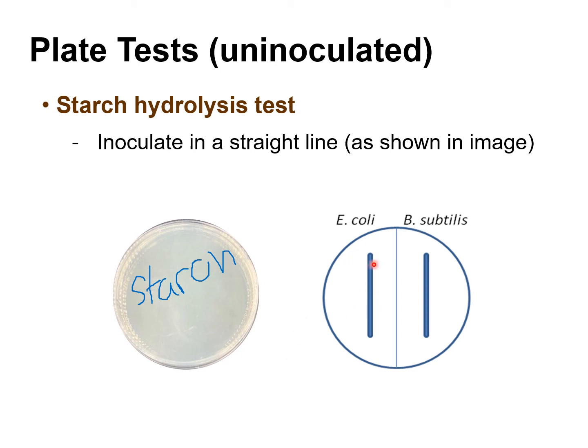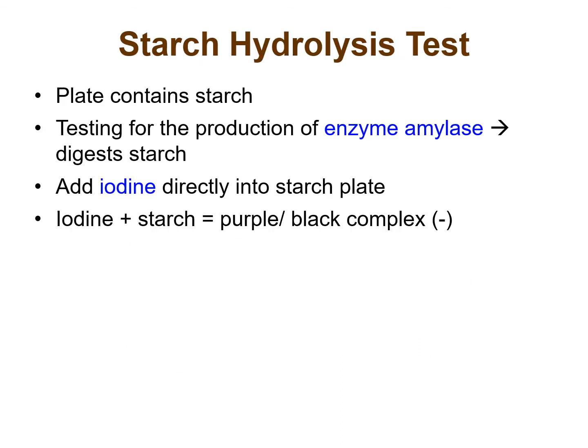And usually with the starch hydrolysis test, we don't inoculate our bacteria in a zigzag pattern. We actually just do it in a straight line. So you go ahead and inoculate the bacteria in a straight line. And after inoculation, you stick it in the incubator for a couple of days.